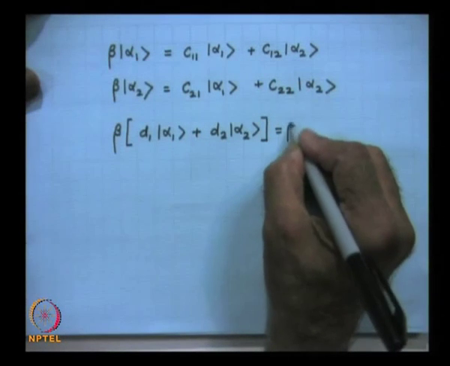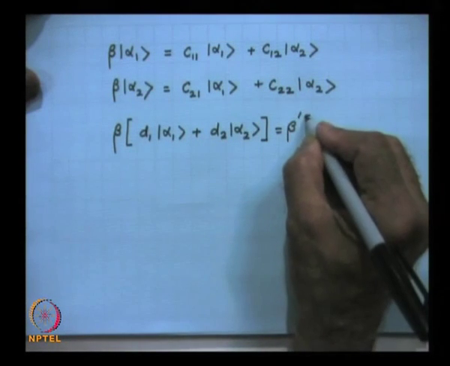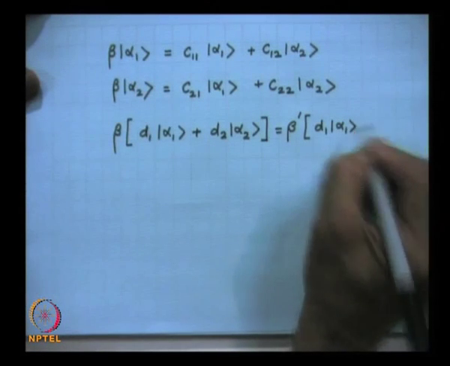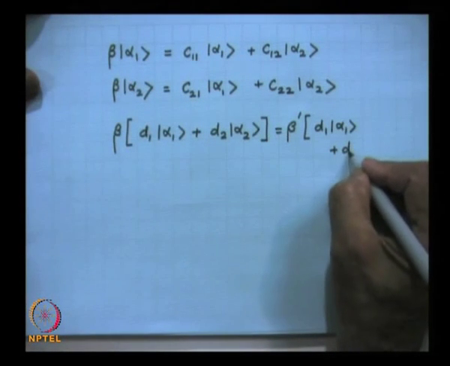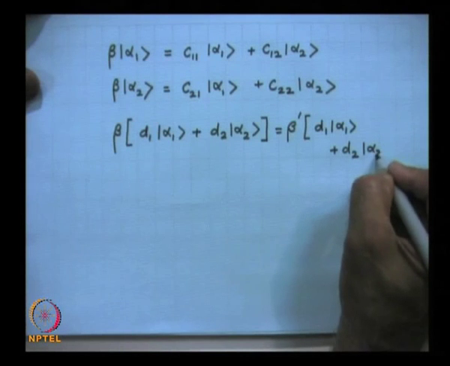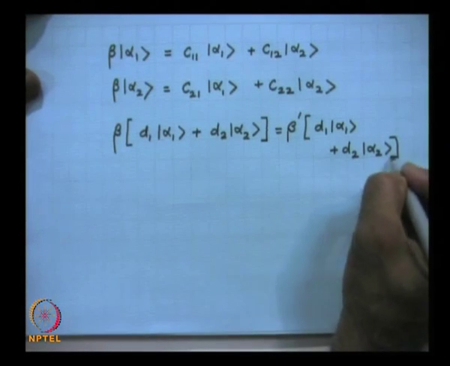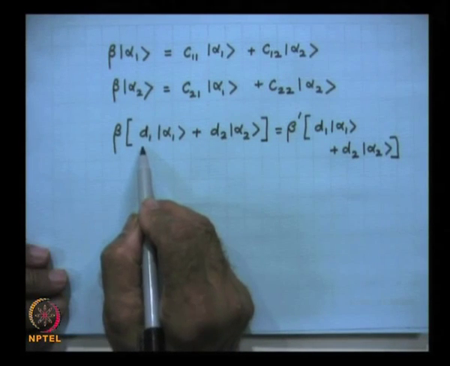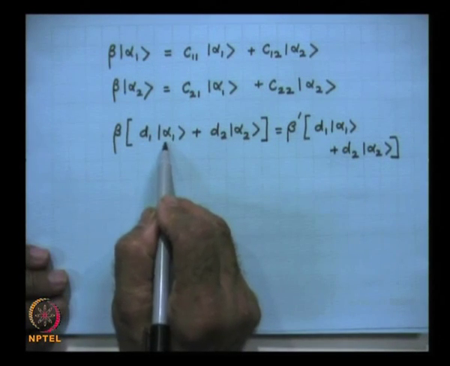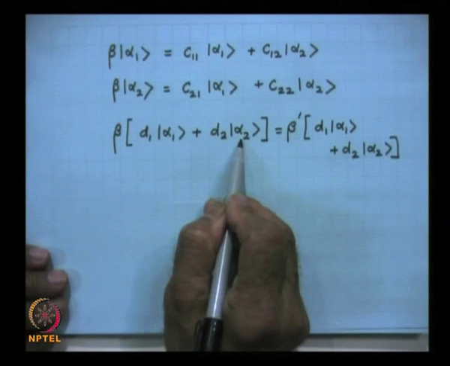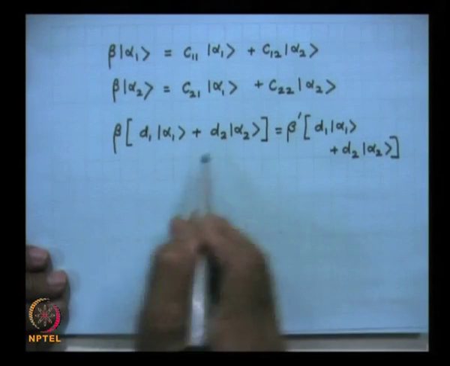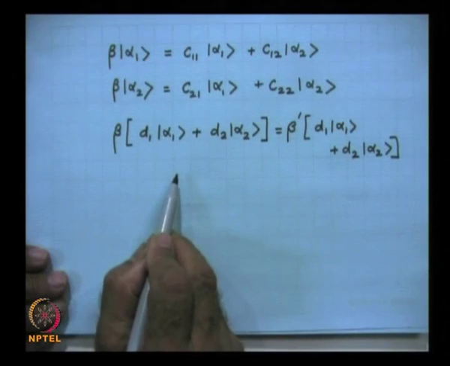Let this be a multiple of D1 ket alpha 1 plus D2 ket alpha 2. Since ket alpha 1 and ket alpha 2 are eigenkets of alpha belonging to the degenerate eigenvalue, any linear combination is also an eigenket of the operator alpha.